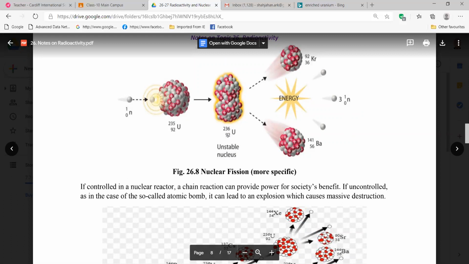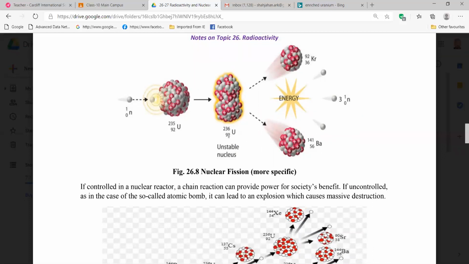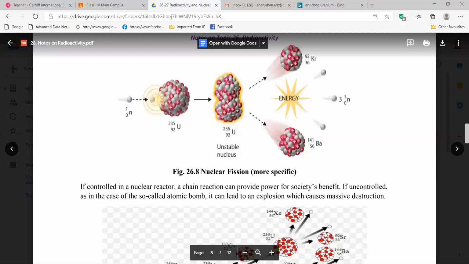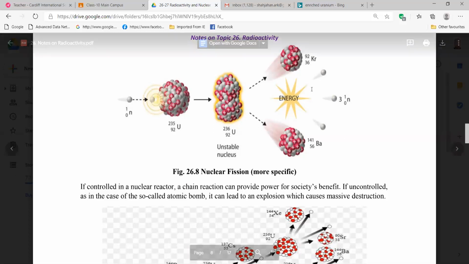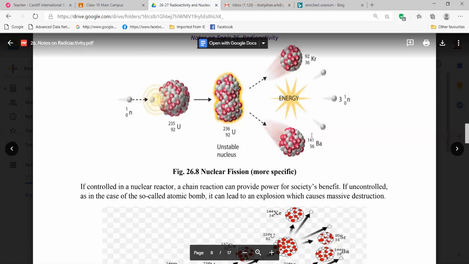It is 92, so 36 and 56 will be 92. Does it match? 36 and 56, it is 92, right? They will test whether it is matching or not. If they give you 35 here, it's not matching, so that option will not be correct.